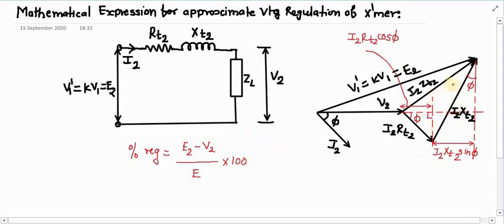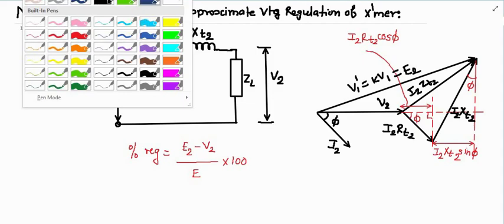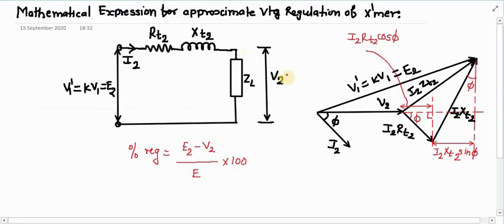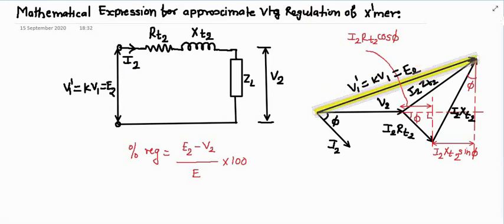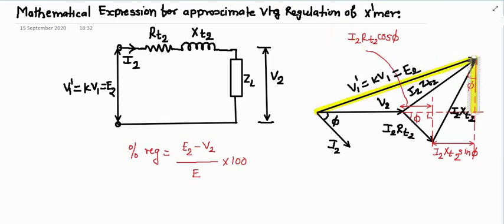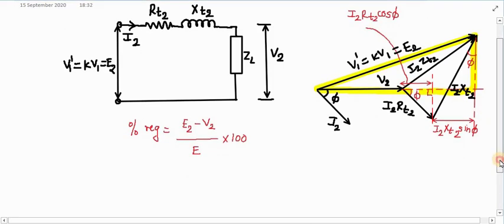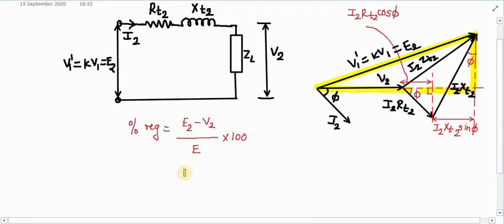Now, from this triangle, again I will highlight this triangle. One minute, please. From this triangle, what can I write down? I can write down my E2.